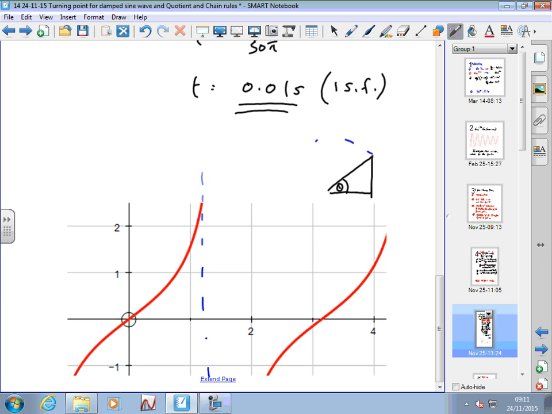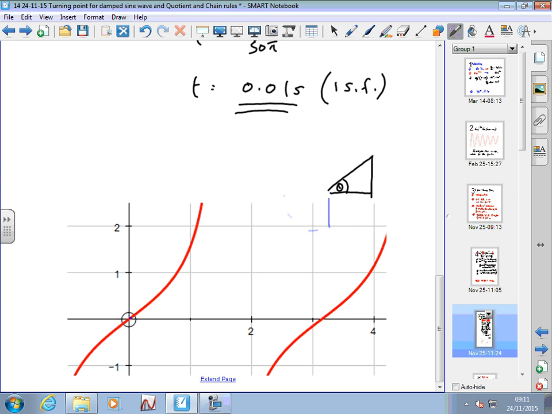And then it rotates all the way around and repeats. Pi later, half a turn later, we're going to repeat and have the exact same thing happening. Pi over 2, it's here, and then pi later from that, which is back round here again, we've got another situation which shoots off to infinity.